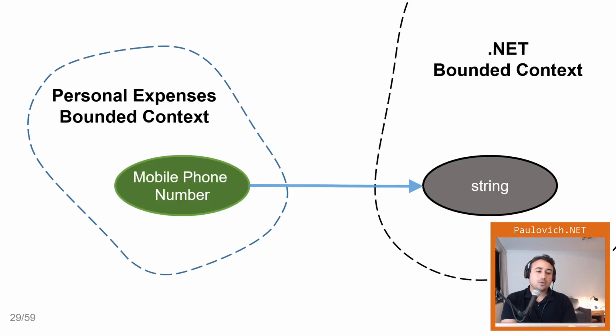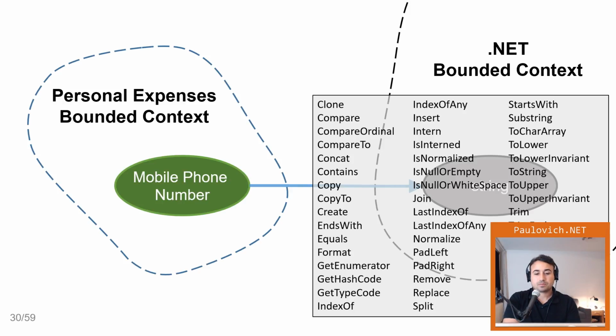Let's suppose that I have this personal expenses bounded context, and by using a value object called mobile phone number with an internal property pointing to a string type in the .NET bounded context, let's see what the benefits of doing that are.